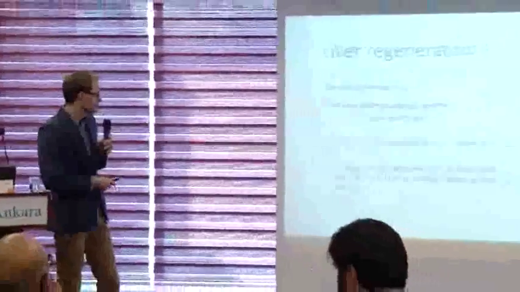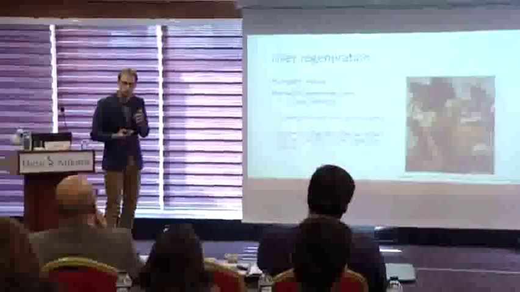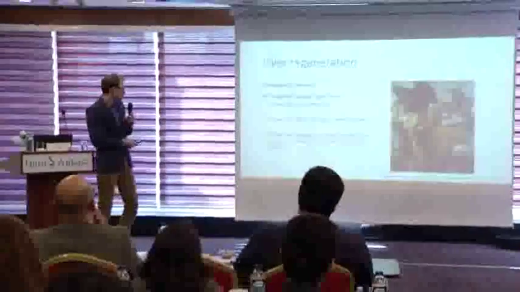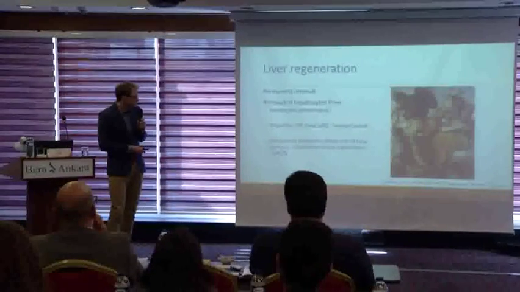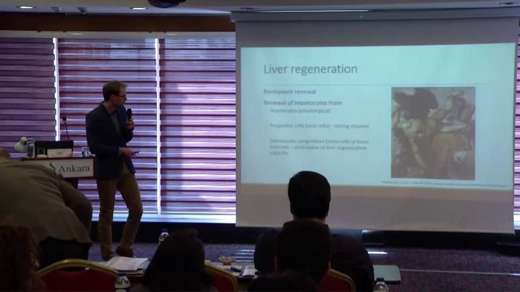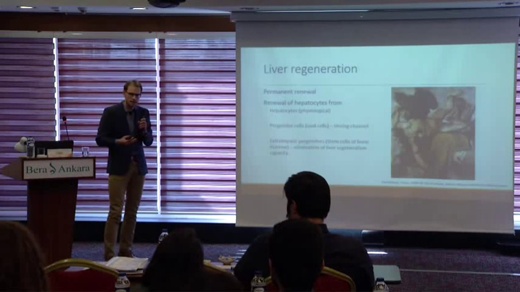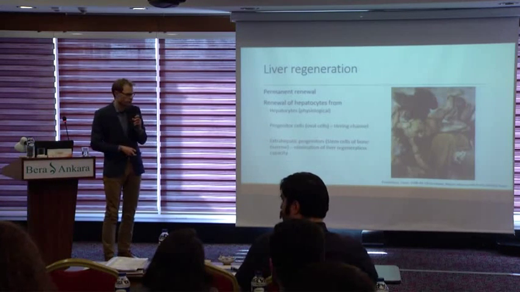This renewal is possible because of hepatocyte renewal. It's the physiological renewal. Also because of the progenitor cells. We know these oval cells that are in the canals of Hering, like a second step that's used during liver regeneration.